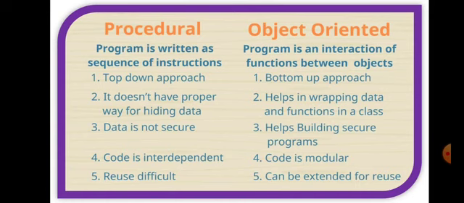Number two, helps in wrapping data and function in a class. The class will have both data and function. Wrapping means putting these two in one place. That is, class will have data and function in that particular class. Number three, helps building secure programs. Here it ensures a secured environment.